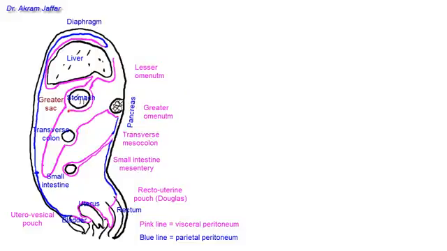And this continues as a double fold with the greater omentum that we have just drawn, and returns back to enclose the transverse colon and reflected backwards to the posterior abdominal wall as the transverse mesocolon until it reaches the pancreas, which is a retroperitoneal structure.